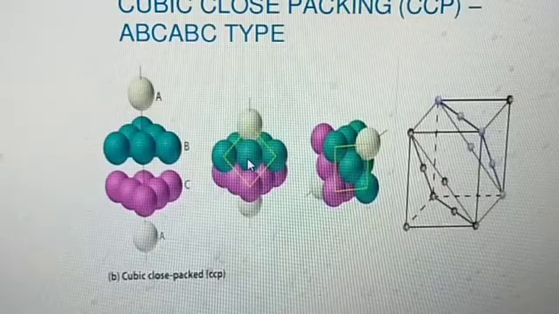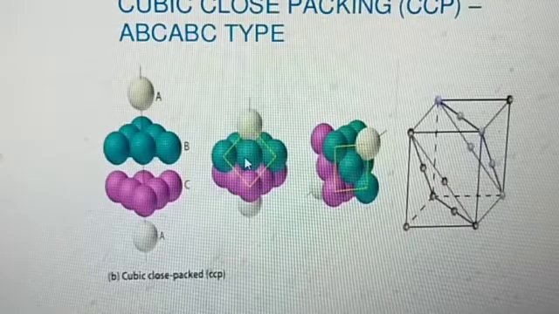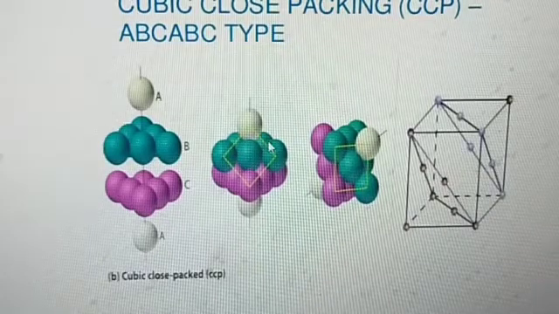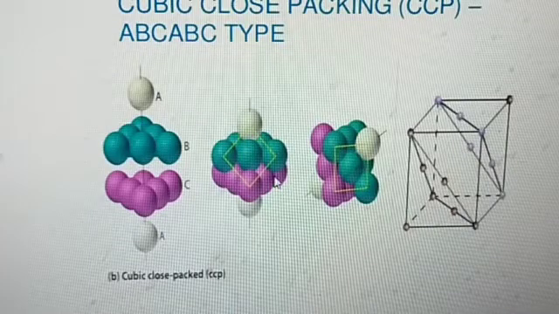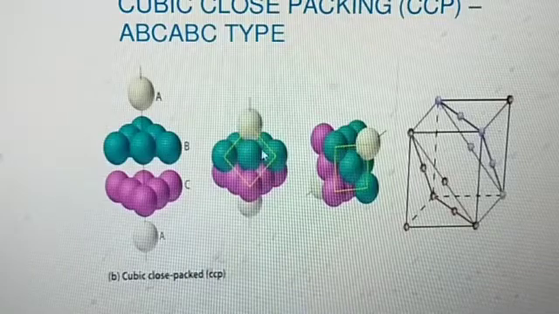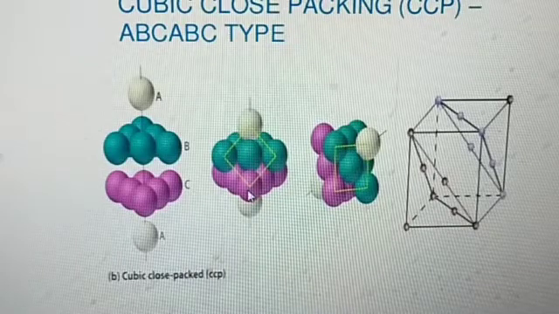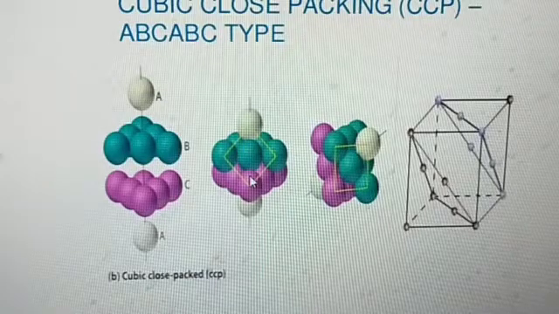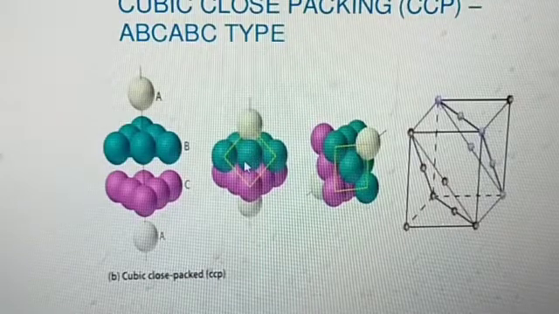Now see this. It is in contact with 1, 2, 3, 4, 5, 6 in the layer, then 3 above and 3 below. So in total, each sphere is in contact with 12 spheres.